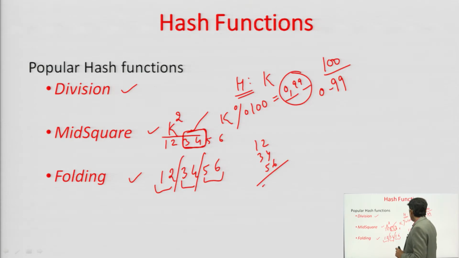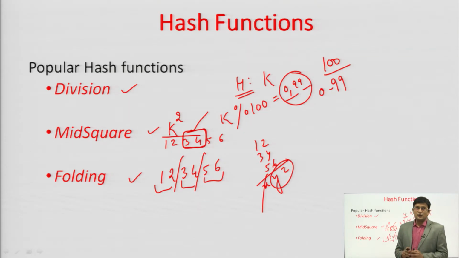Whatever number it comes out to, let us say xyz, you discard the carry and yz will be the location of the key in the hash table. By any of these methods, obviously you apply any one of them, not all, and not a mixture of them, to store your numbers in the hash table, and during retrieval you use the same method.